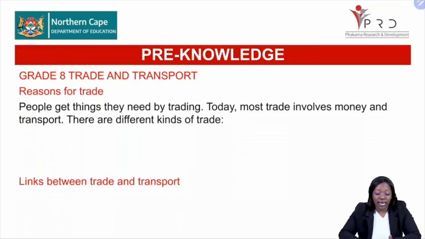So in grade 8, they said the reason for trade is that people get things they need by trading. You need gold. As South Africa, I'm making an example, we are rich in gold. There are countries that do not have gold, so they are depending on South Africa to give them that gold. So there is an exchange, or a trading, that is taking place.